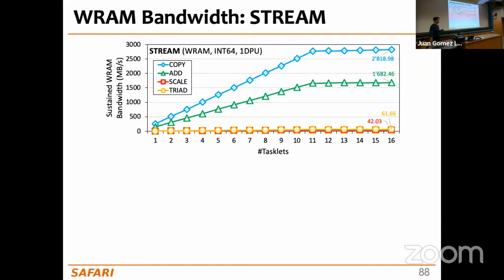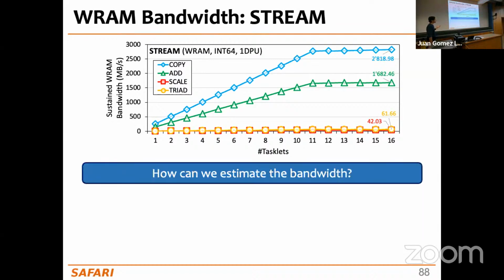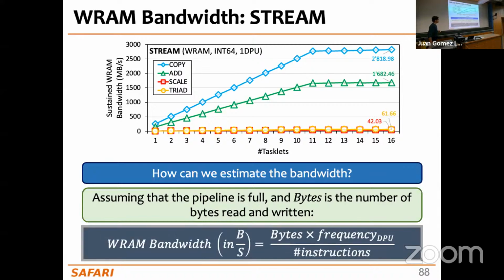Why is that? Because the accesses to the WRAM are done from the DPU pipeline, so the throughput is the same, as I said earlier. How can we estimate the bandwidth? By taking into account the number of bytes that we read and write and the number of instructions that we need to execute in total for copy, add, scale, and triad, which are in the previous slide.